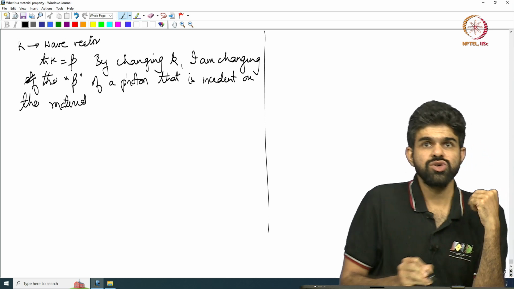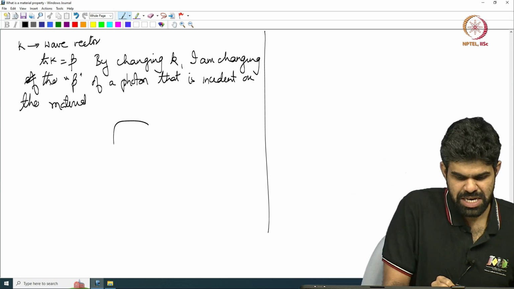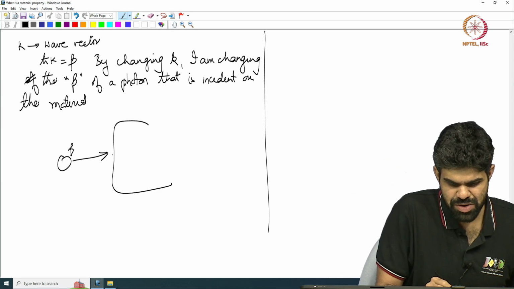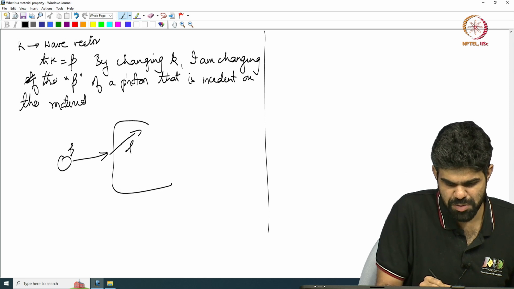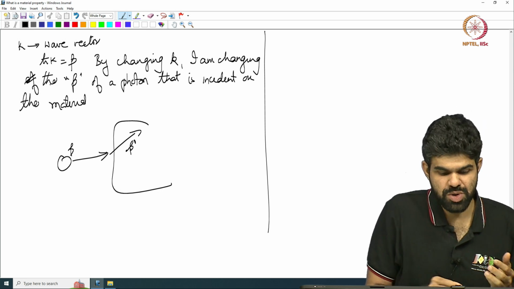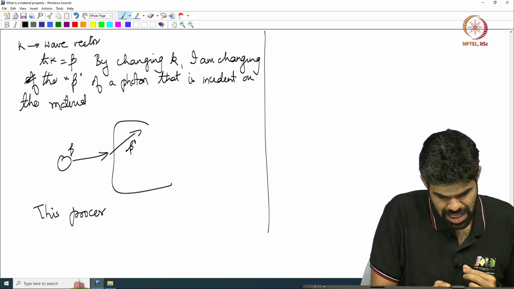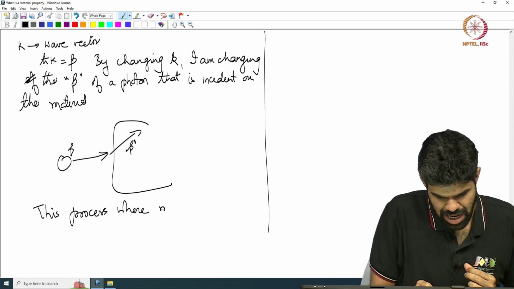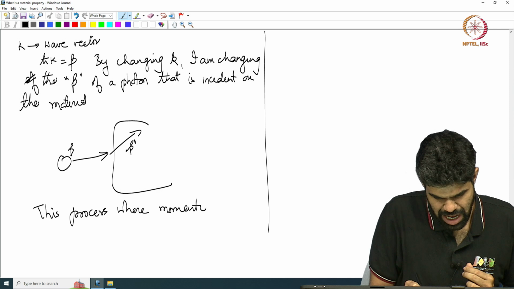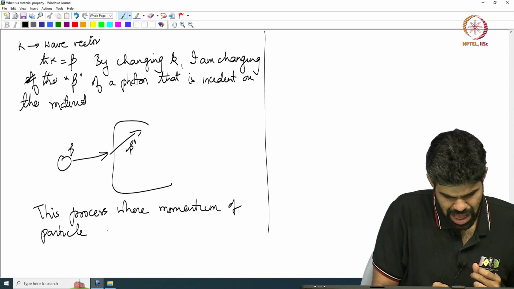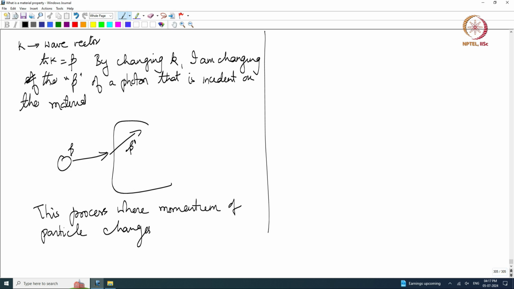In this process, I incident some particle with a momentum p, and it goes off with another momentum p', so this process where momentum changes is called scattering.